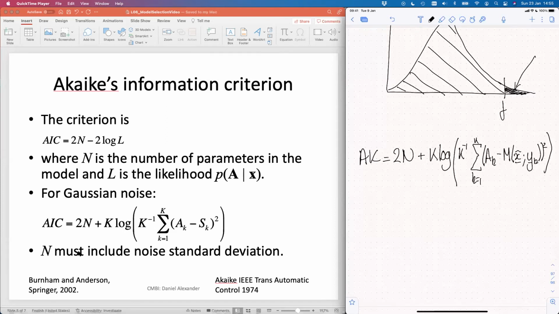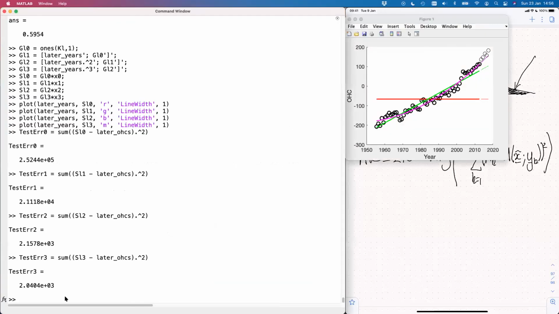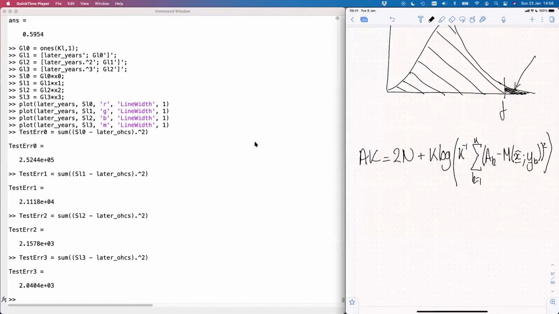Okay, so let's implement this simple idea then for our set of models that we've been considering. I'll go back to MATLAB. Very straightforward, just encode this formula. Let's bring that forward. So the AIC for the 0th model is simply 2 times n0 plus 1, for this extra parameter that we need to count for estimating the standard deviation, plus k times log.